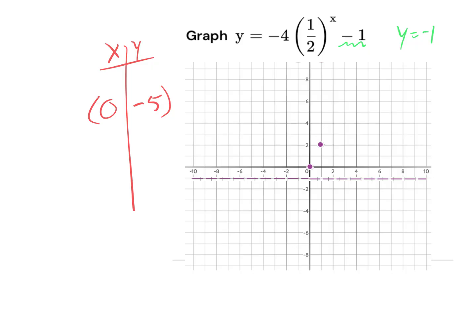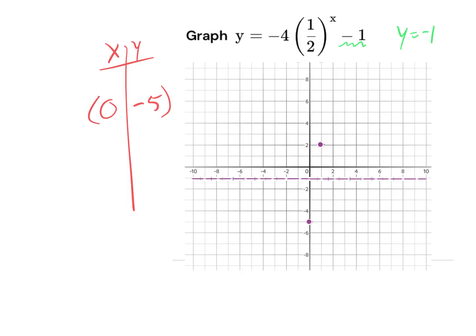And again, you could type in negative 4, open parenthesis, hit the fraction button, put a 1 over 2, close parenthesis, and up here on the exponent, you could plug in a 0, and then get off of the exponent position, hit minus 1, all on a calculator, hit equal, and it'll give you negative 5, okay? So 0, negative 5 is the location of one of our points. So I'm going to take the one that was at 0, 0, and I'm going to move it to 0, negative 5, which is down here.